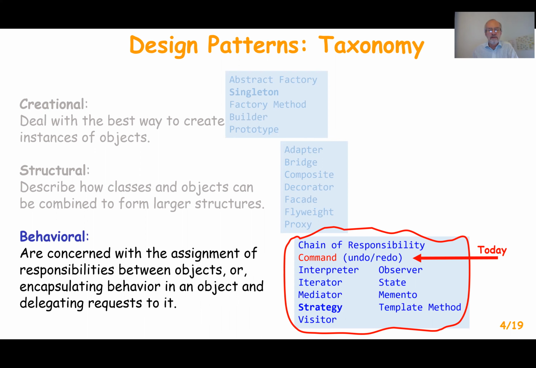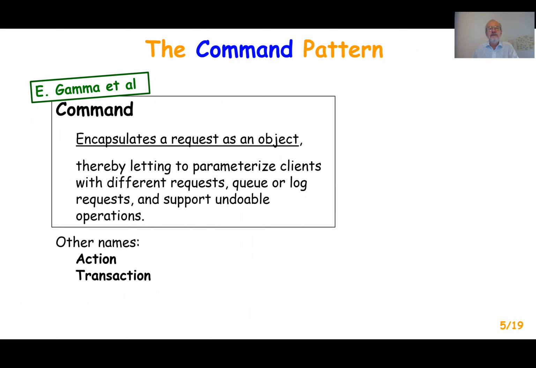Okay, so the Command pattern. This is the formal definition of the pattern given by Erich Gamma. I have taken it directly from his book. This description says that the Command pattern encapsulates a request as an object. There are some consequences from this definition.